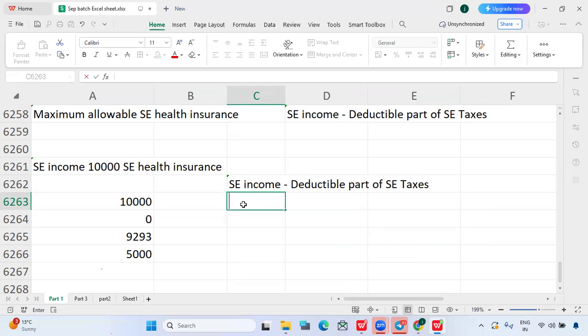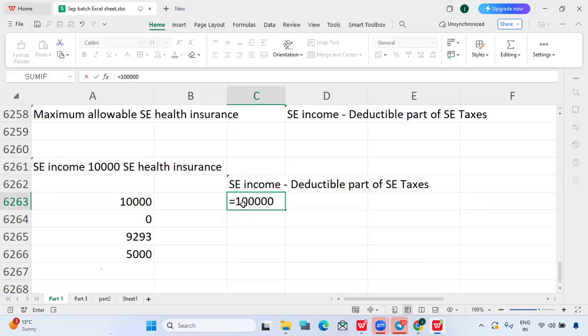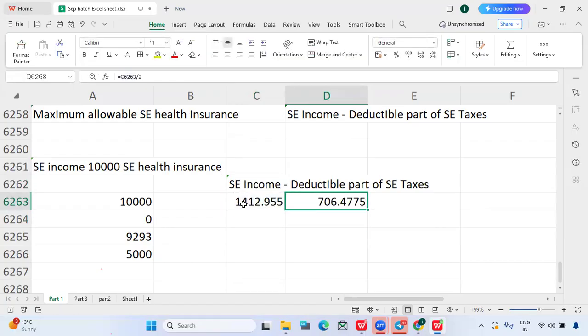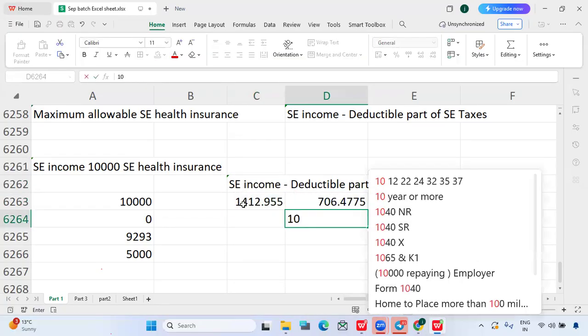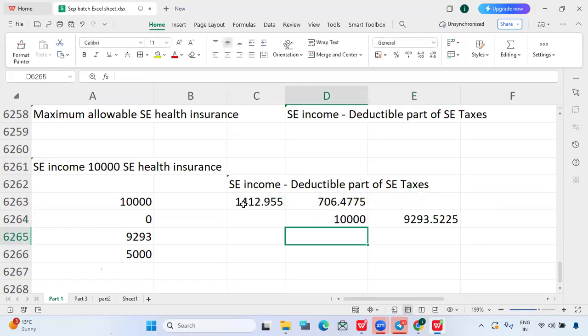We first calculate SE taxes: $10,000 times 92.35 percent times 15.3 percent, which is 1,412. Divided by 2, which is 706. That means 10,000 minus 706 is 9,293.